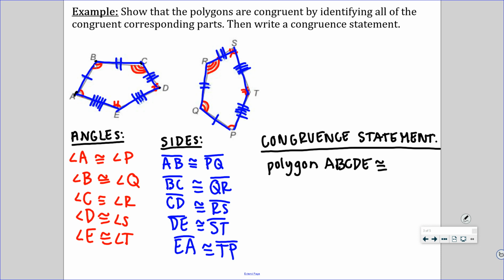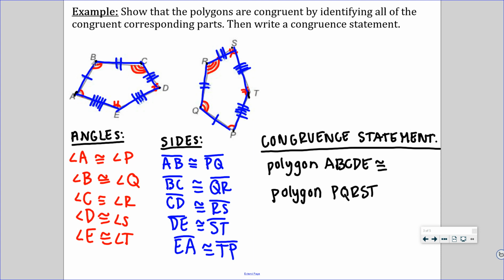So if I started with angle A, I've got to start with angle P when I'm naming that polygon and go in the same order: P, Q, R, S, T. They're not always going to be in alphabetical order either. They usually are, but just be careful with that, because it's not 100% of the time always in alphabetical order.